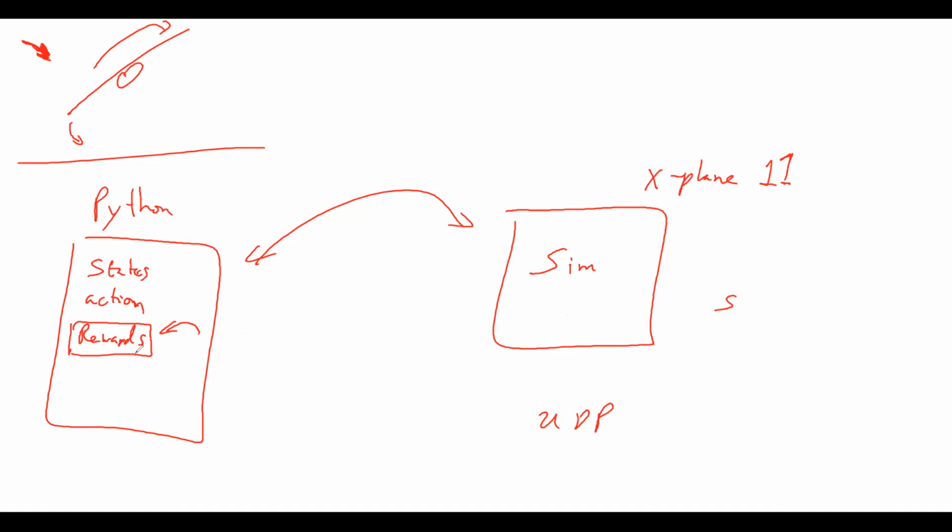However, as I said, with Gym, you have the advantage that Gym is a prepackaged set of games, and it's got the states, actions and more importantly, the rewards. So you literally do not have to touch them.